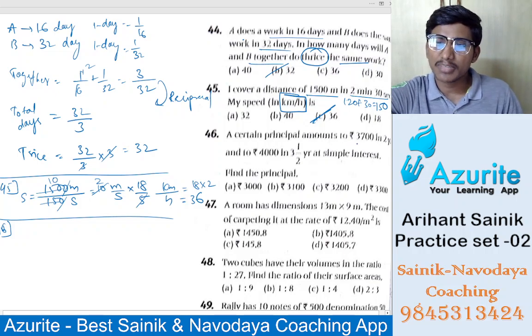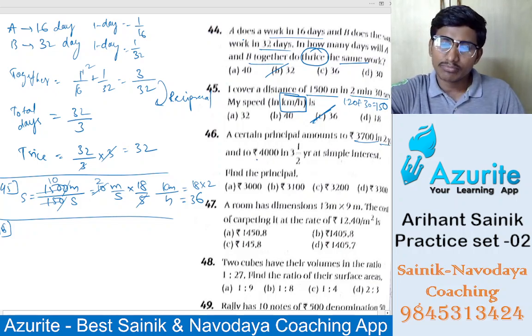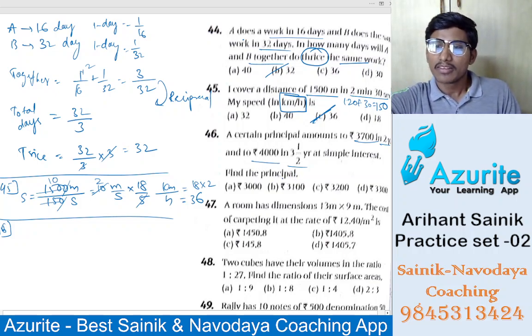A certain principal amounts to 3,700 in 2 years, and to 4,000 in 3.5 years. Find the principal, they are telling.